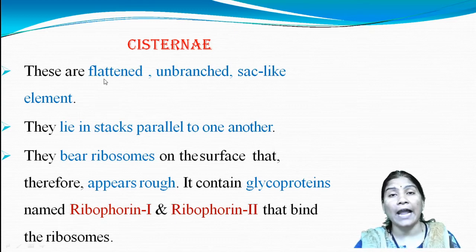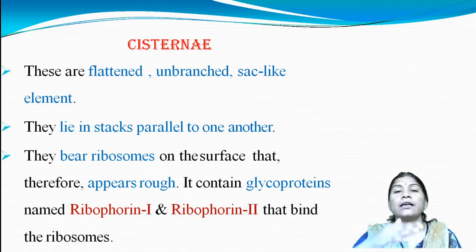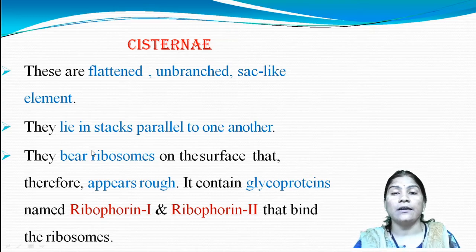Cisternae are flattened, unbranched and sac-like elements. They always lie in stacks parallel to one another. They bear ribosomes on their surface, and that's why the appearance of these cisternae is very rough.